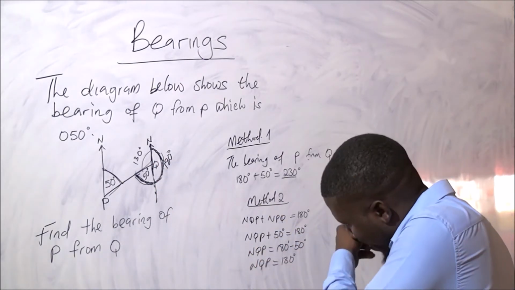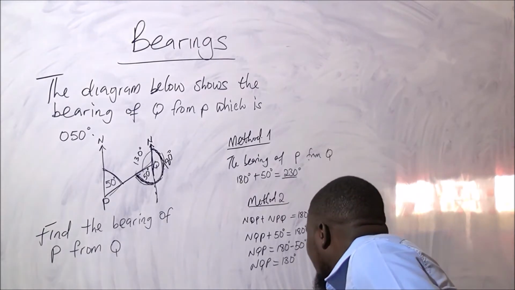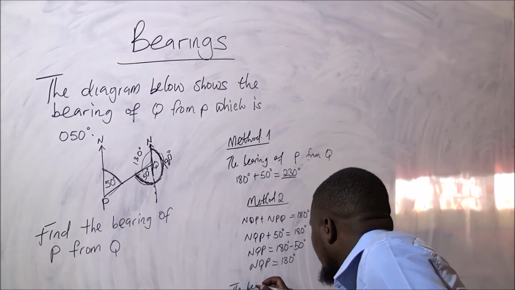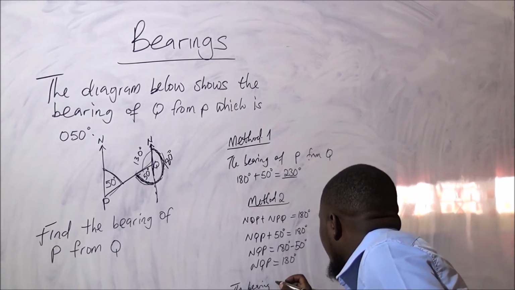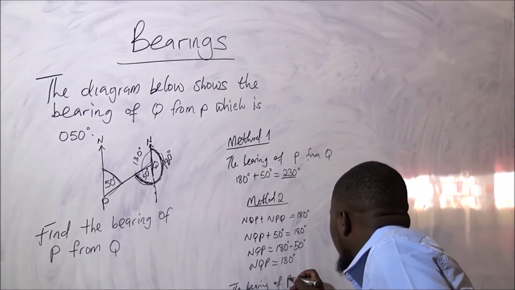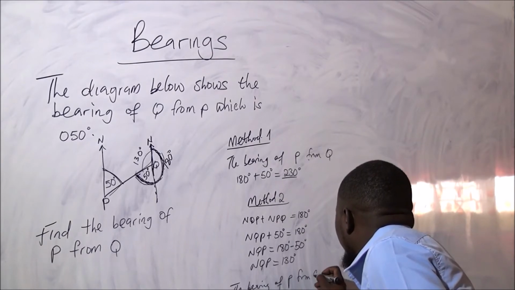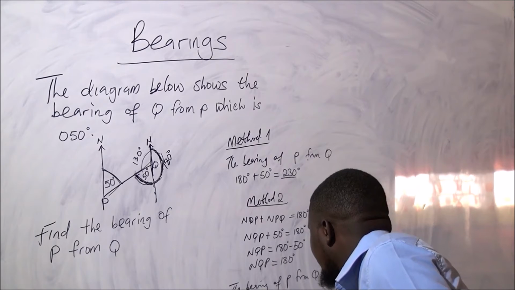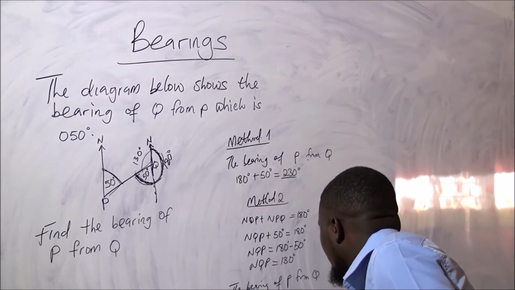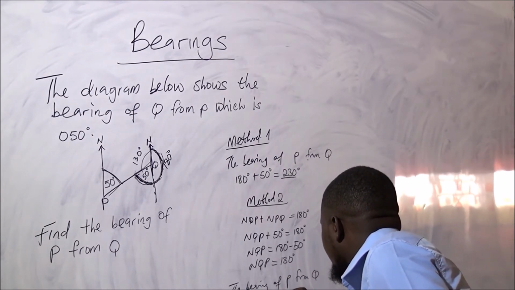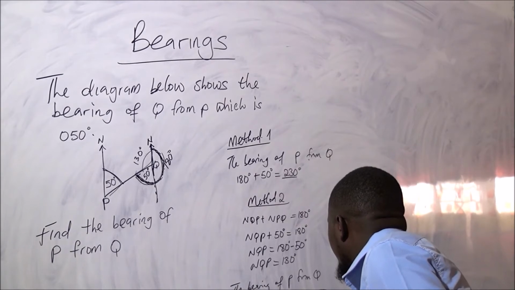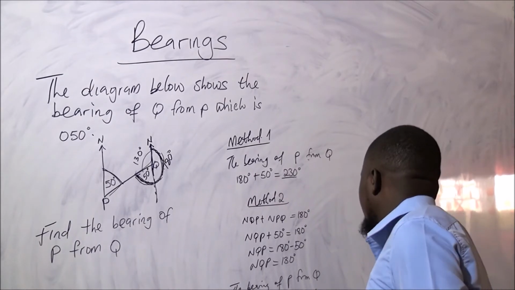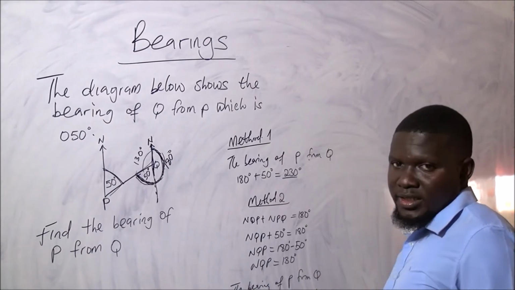So I'll say that the bearing of P from Q is 360 degrees minus 130 degrees, which is equal to 230 degrees. This is my answer.